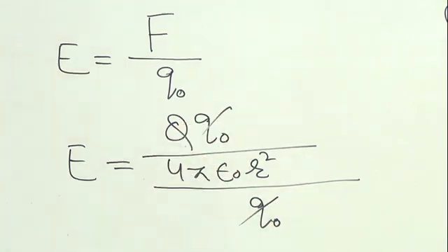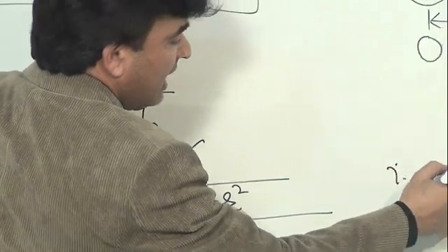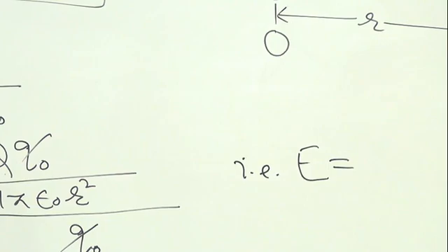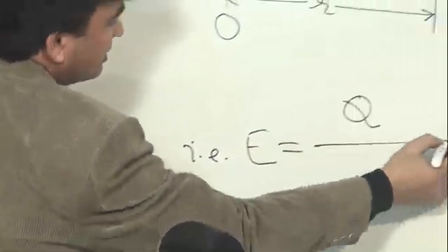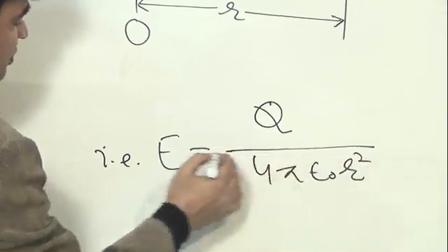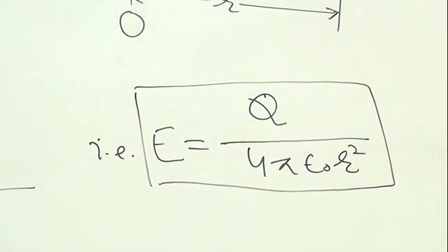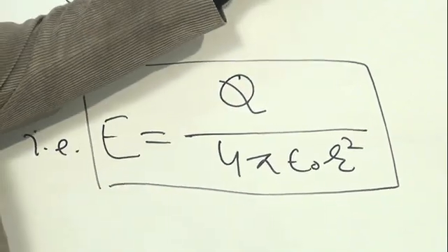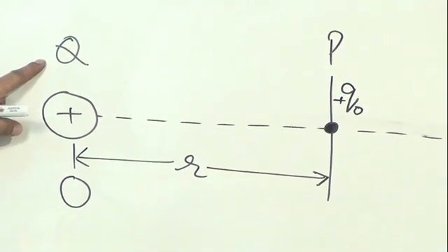Here Q naught and Q naught will get cancelled. That is, electric field intensity at P will be equal to Q, that is the source charge, divided by 4 pi epsilon naught R square. This is the expression for electric field intensity at point P, distance R from the point charge Q.